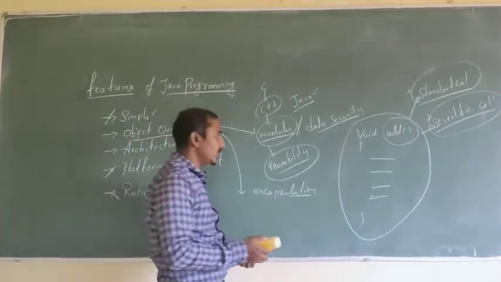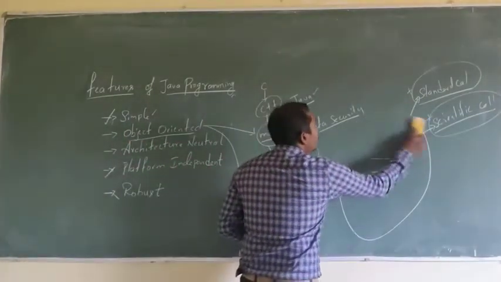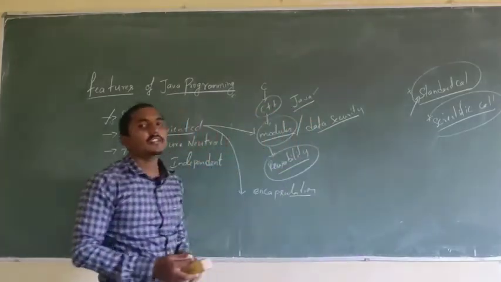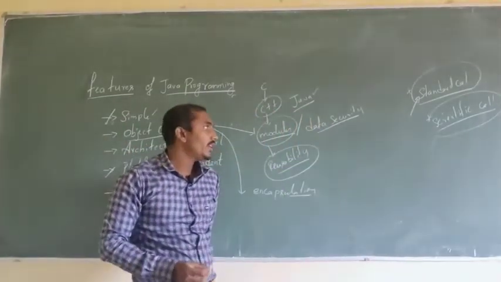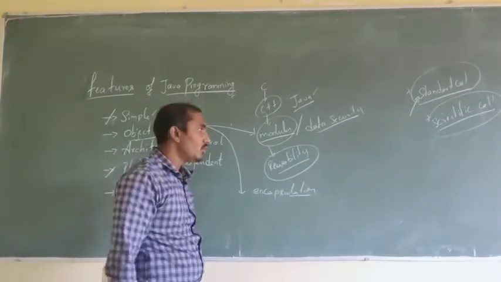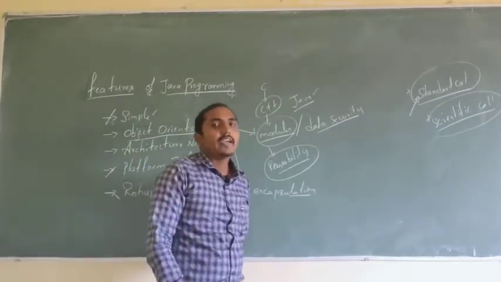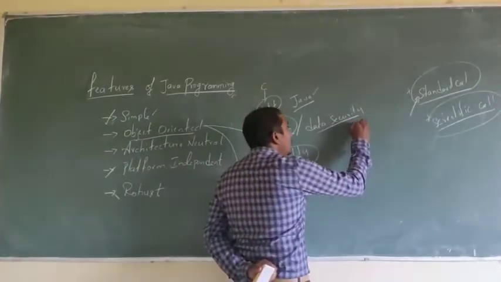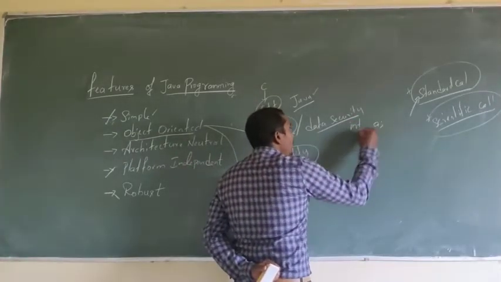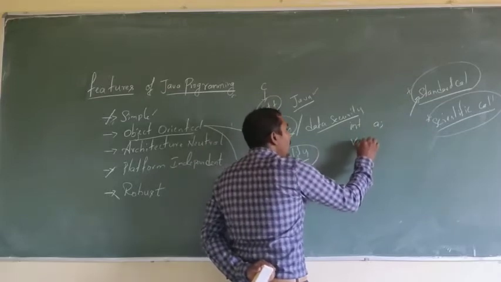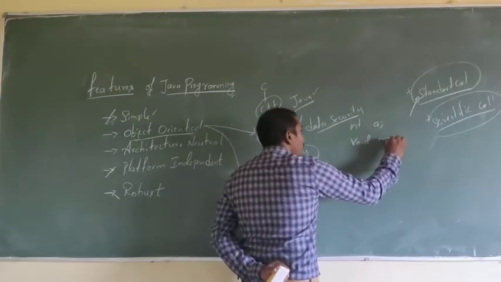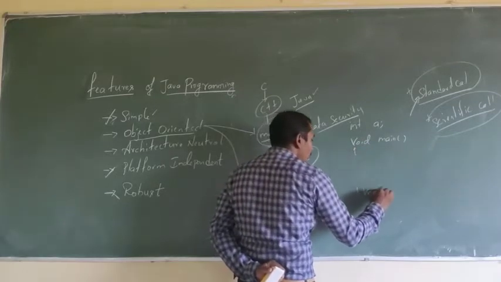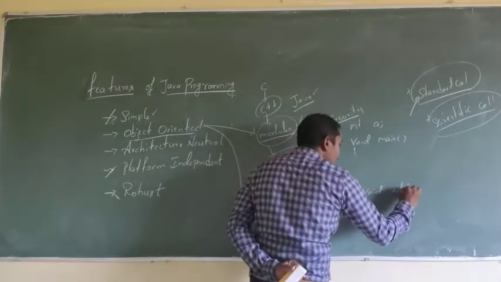Encapsulation. Suppose we have the concept of global variables in the C programming language. Once you create a global variable, that particular global variable can be accessed anywhere in the program. So if I create a variable called integer a, suppose I have the main function as well as one more function which is add.